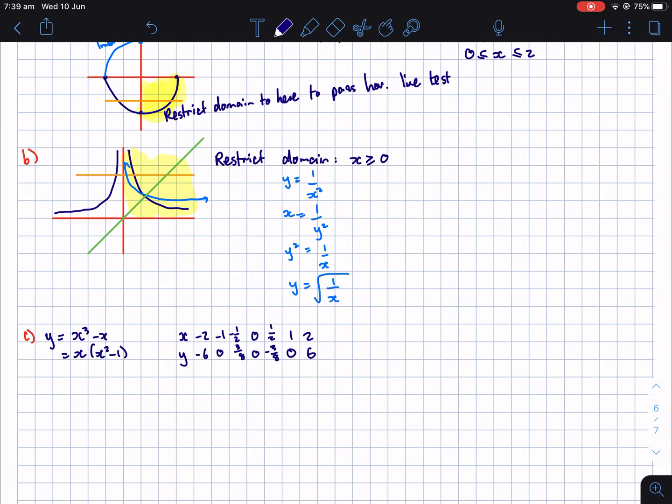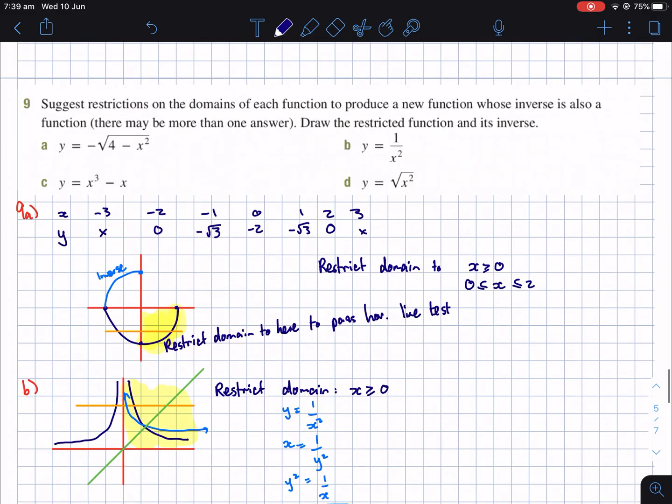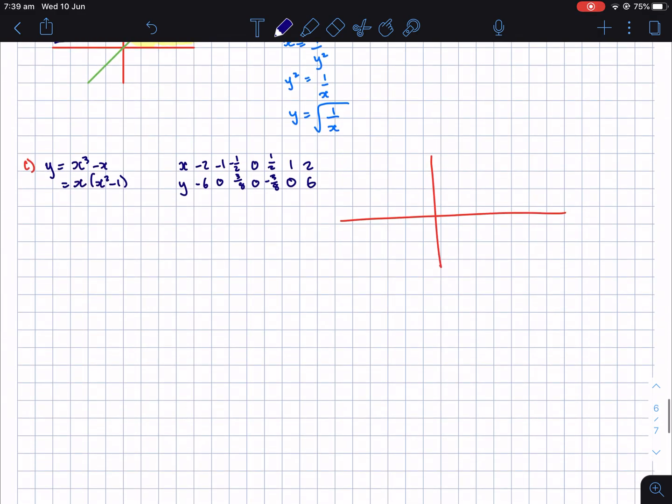It's been a while since I've sketched cubics, okay? So when we sketch this one, and you don't really learn how to sketch them properly until you've done differentiation, so please don't freak out that you can't do this. It's got intercepts at 0, negative 1, and positive 1, yeah? And it's going to look like this.